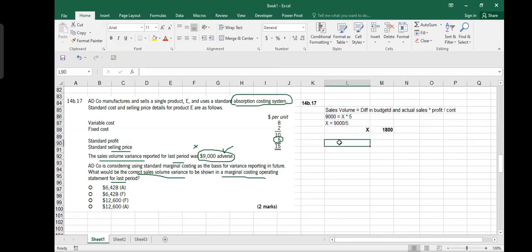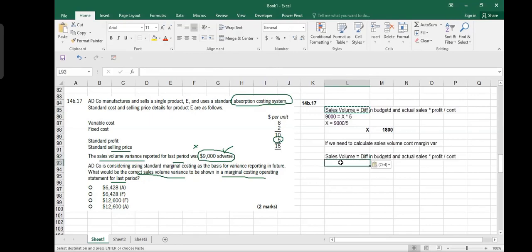Now we need to calculate the sales volume contribution margin variance, because they ask how much it should be on contribution margin. So I will take the same formula: difference in sales, 1,800, multiplied by the contribution margin.